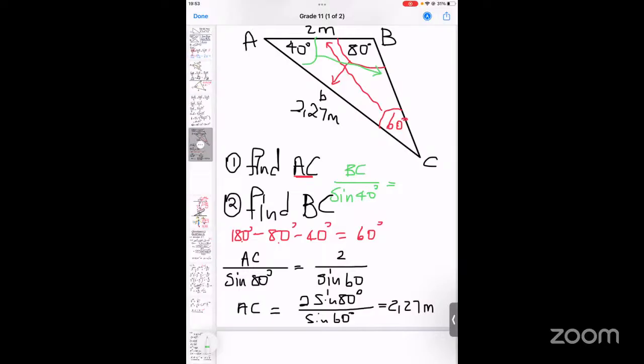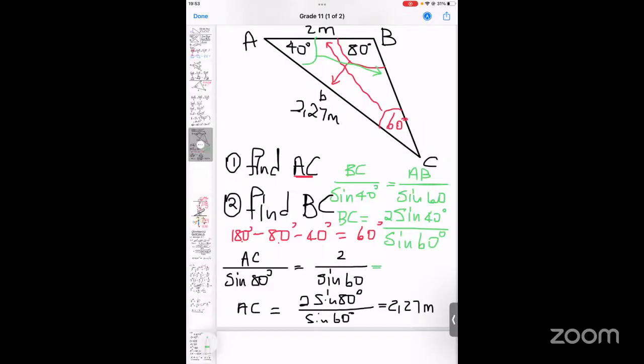You can therefore use your AB and say AB divided by sine of that opposite angle, which is 60. So your BC will be equal to, what is your AB? It is 2. Then it will be 2 sine 40 degrees divided by sine 60 degrees.